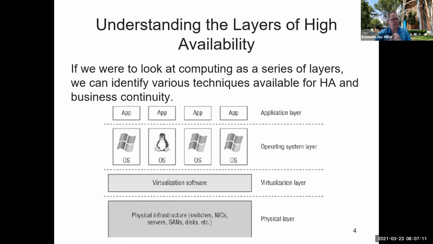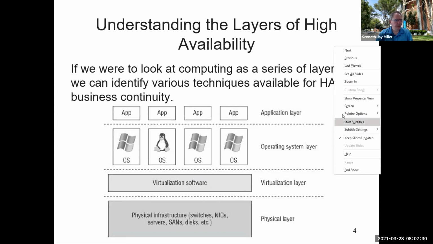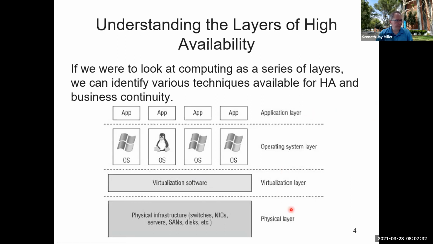If we were to look at computing as a series of layers, this course, we pretty much defined all of our understanding of virtualization in layers. If we start at the very bottom, we have the physical layer, which is our physical hardware.